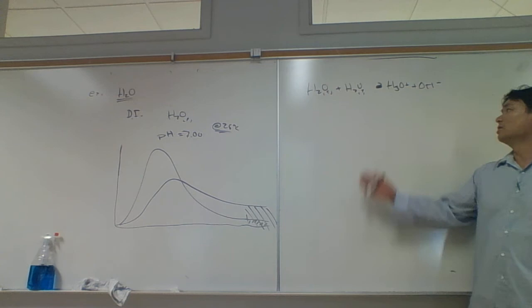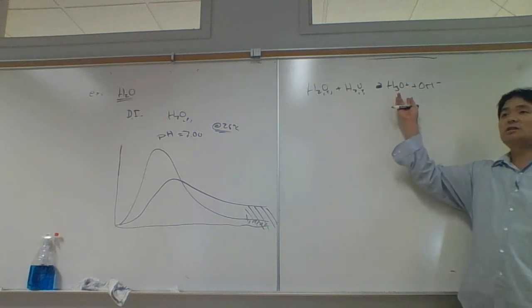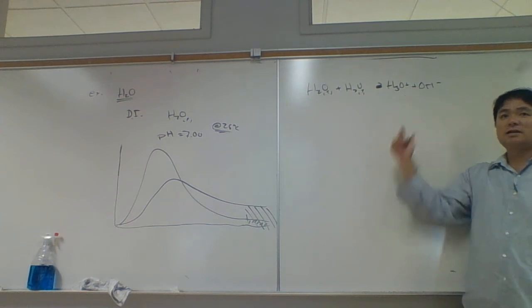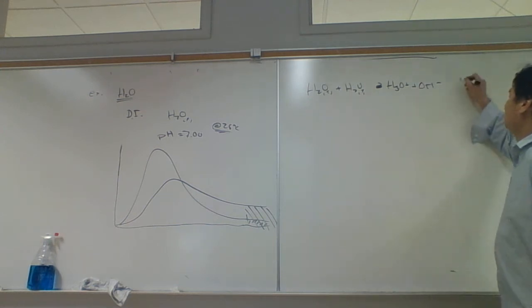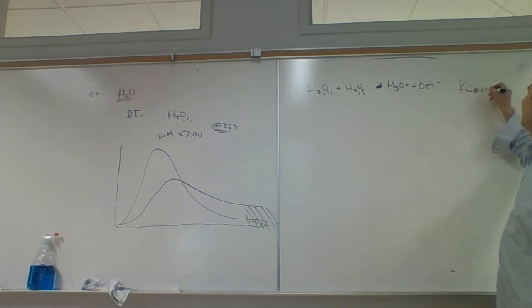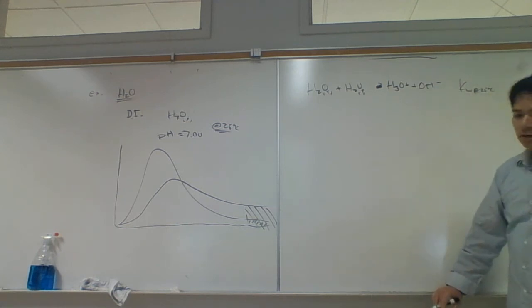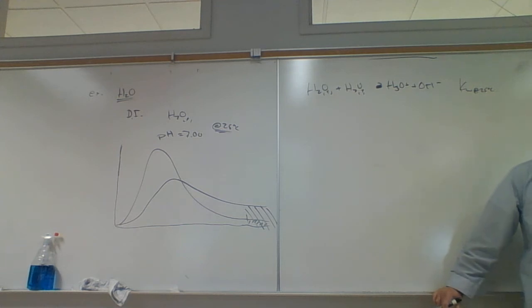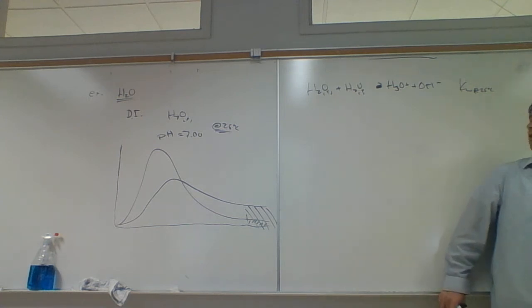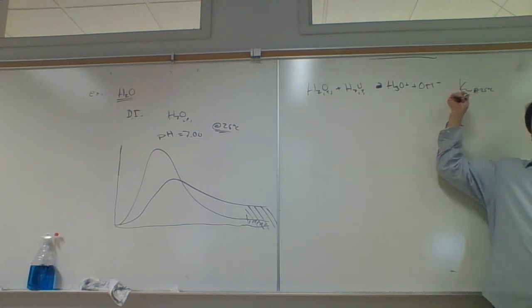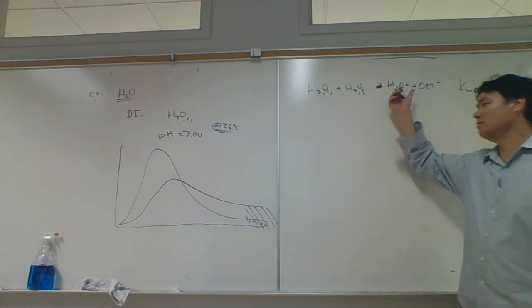At higher temperatures, does the hydronium ion concentration go up, go down, or stay the same? Does K change with temperature? Yeah, and so at higher temperature, K goes up. As you'd expect, this is endothermic in the forward direction.